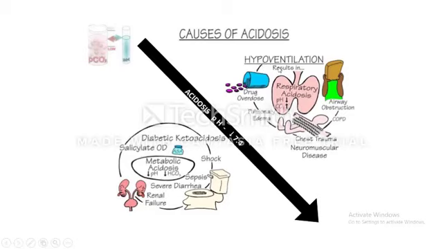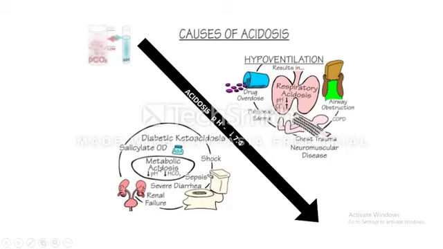Respiratory acidosis can result from hypoventilation, airway obstructions, which means you cannot breathe very well, chest trauma, or neuromuscular diseases, when the person cannot breathe properly. Pulmonary edema can be the reason, and drug overdose can also be the reason. All these can result in respiratory acidosis.